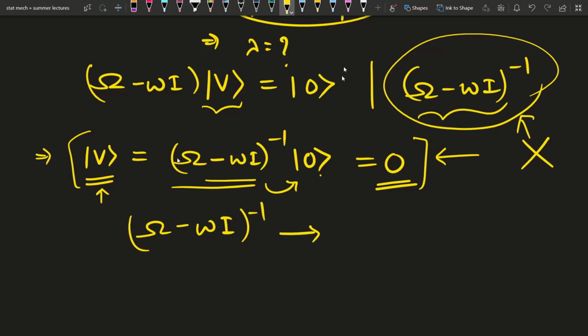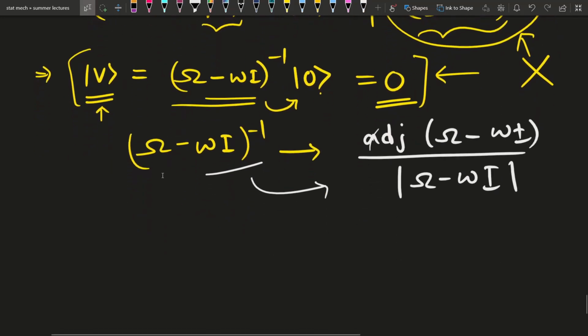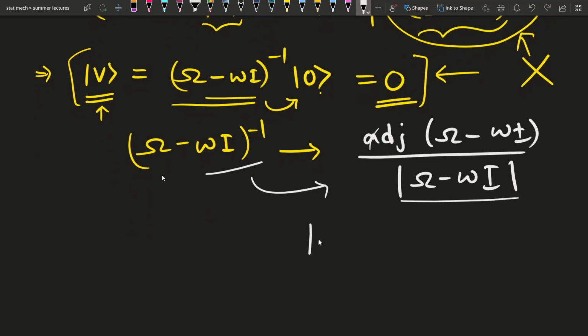Now what we know about the inverse of any matrix is that it is the adjoint of the matrix omega minus omega I divided by its determinant. For the non-existence of this inverse, the denominator must be equal to 0, because only then will the inverse not exist. That means the determinant of omega minus omega I must be equal to 0.